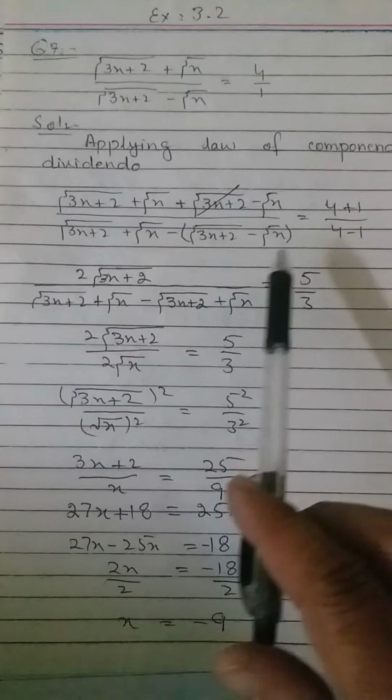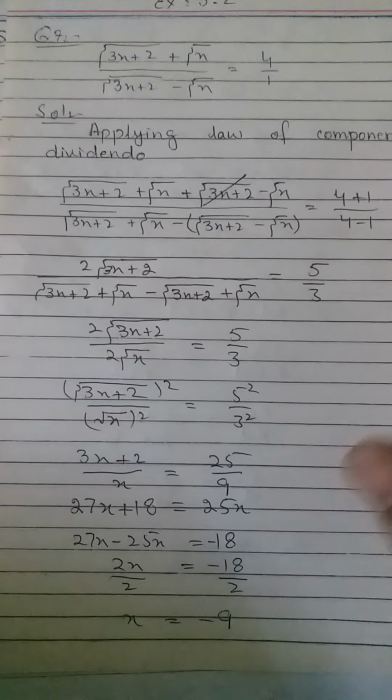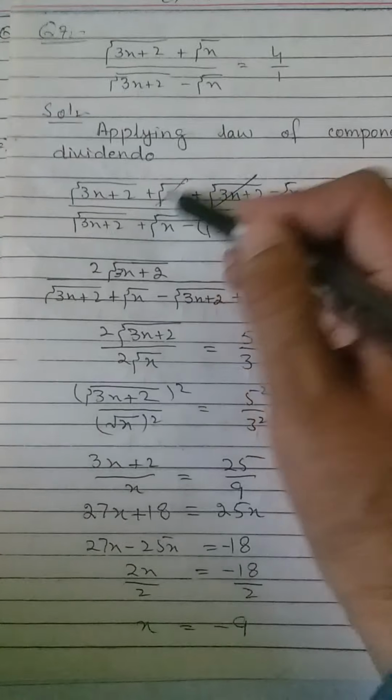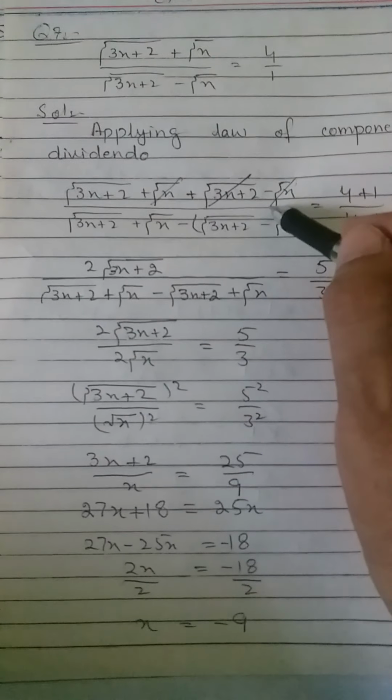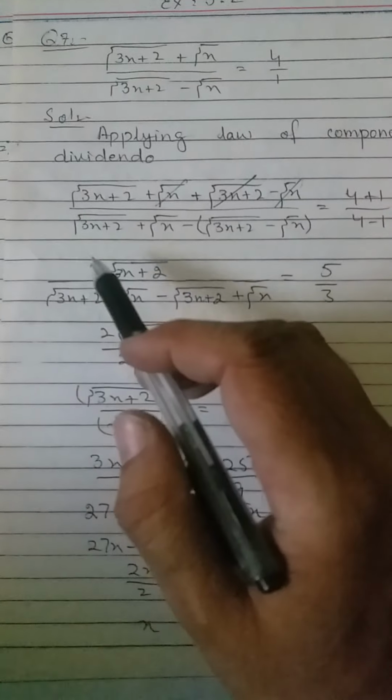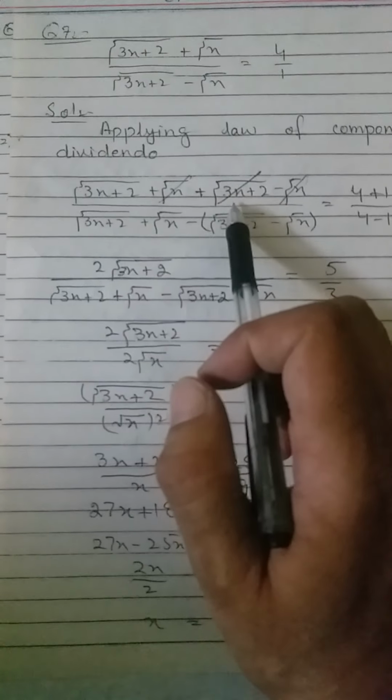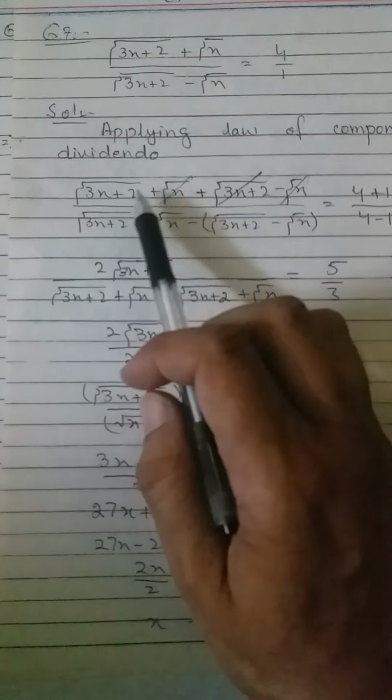Now we see that under root x cancels with under root x, so the remaining value is 2 under root 3x plus 2. This is plus and this is also plus, so they cannot be cancelled.